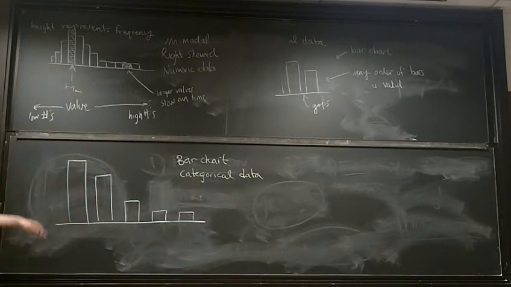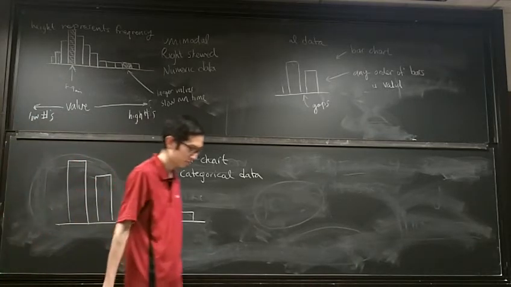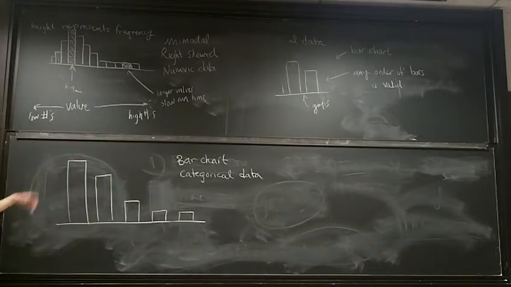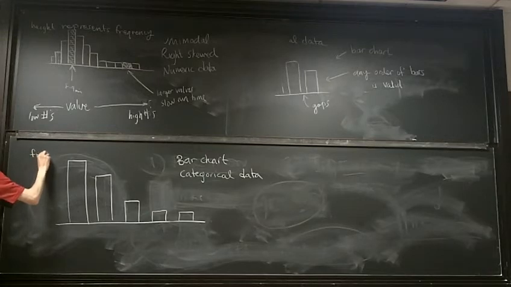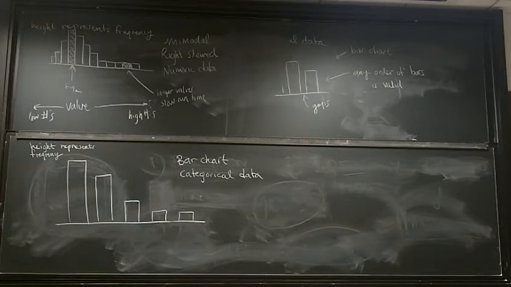Alright, don't shout out the answer, but what does the height of the bar represent? What do you think the height of the bar represents? The height represents frequency, just like it does for a histogram.